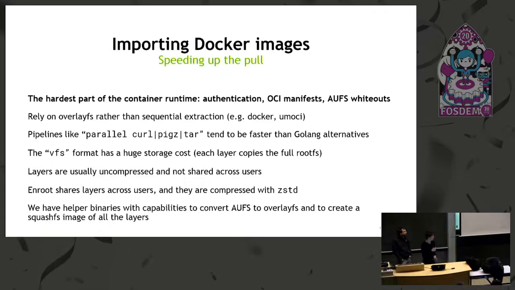And we have helper binaries for overlay because unfortunately overlay is privileged. It's unprivileged on Ubuntu, but it's kind of broken right now. So we have that helper, which is not enabled by default, so only the admin can import images by default with Enroot.